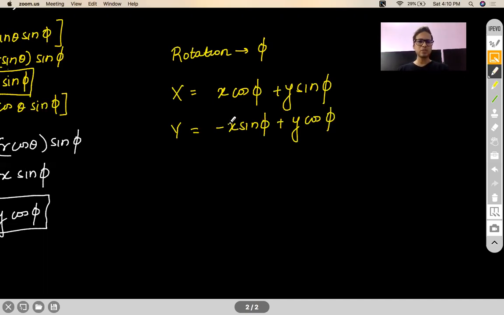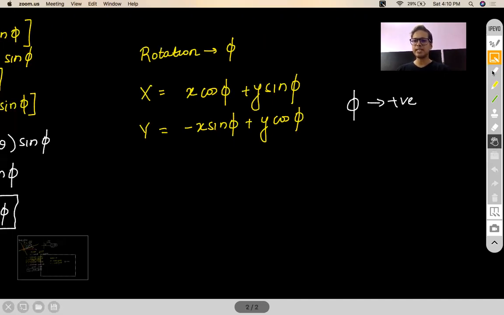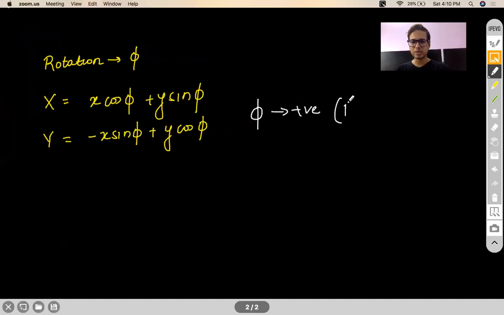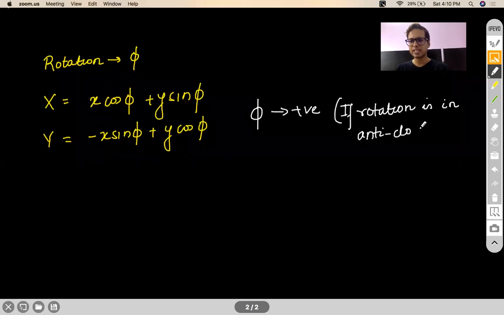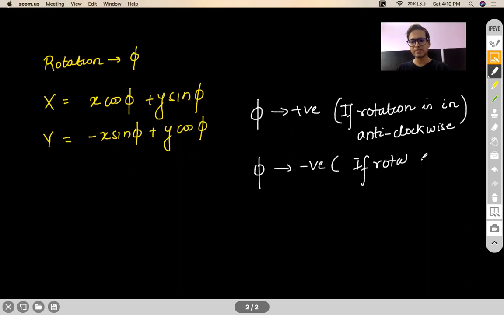Now, a few things to be noted over here. Phi should be taken as a positive angle if the rotation is happening in an anti-clockwise direction, just like the normal sign convention of angles that we learned in trigonometry. And it should be taken as a negative angle if the rotation is in a clockwise direction.